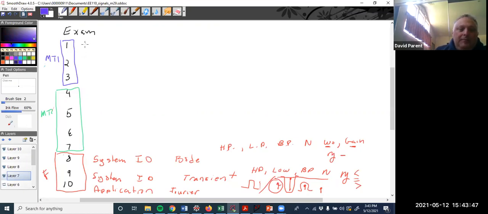For midterm 1, it's Bodhi, it's low, it's high, real poles, most likely second order. And the poles will be repeated 10 times apart, 100 times apart, or 1,000 times apart.